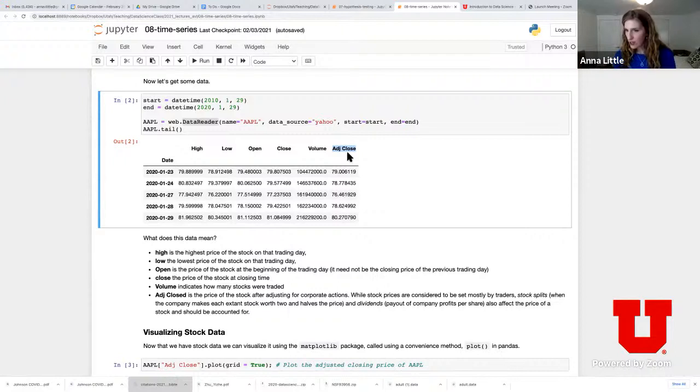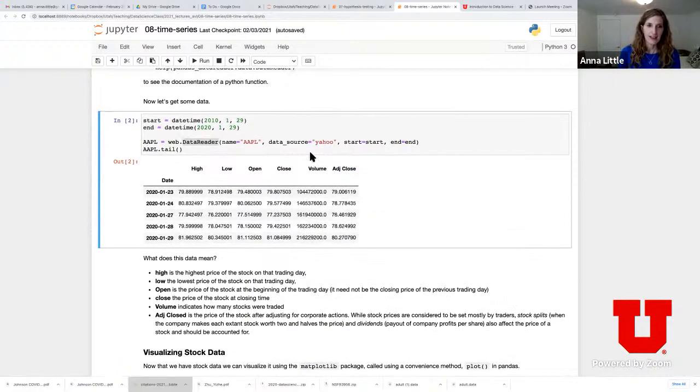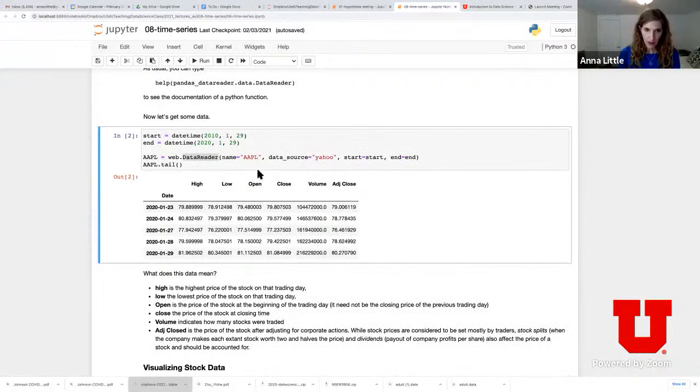Okay, and then we have a question here. How does Python get these data? That's a good question, and I'm not sure exactly of the nuts and bolts of how it works, but I don't know if Alex wants to jump in and make a comment here. These data are stored in various databases by various companies, but it's publicly available.